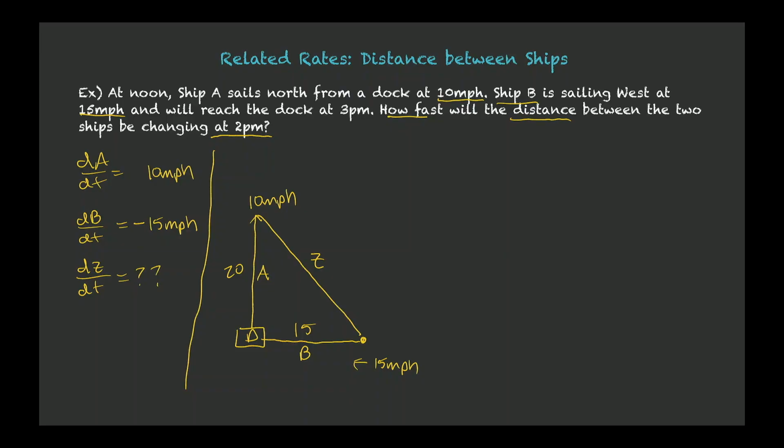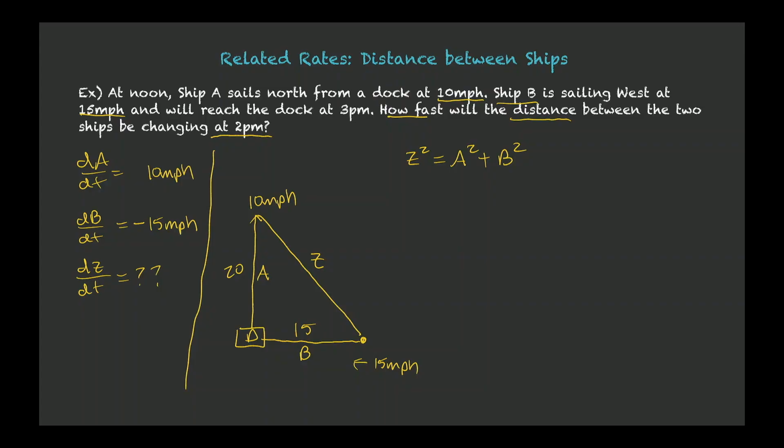So we have that Z squared is equal to A squared plus B squared. That's our second key step, to get a relationship between the variables which are changing in this problem. In this problem, it's A, B, and Z.